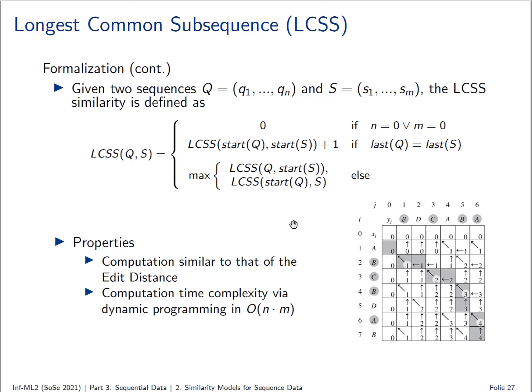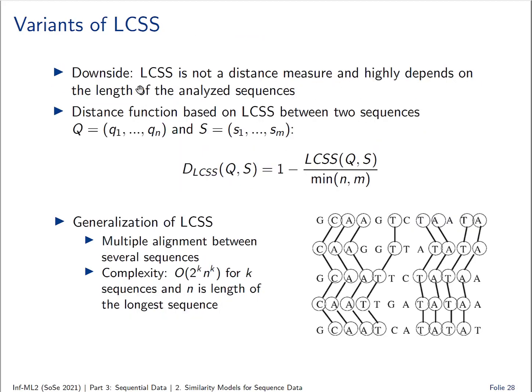We can do that basically in the same way as the edit distance. The downside of LCSS is that it is not a distance measure, and very often methods just use distance measures and not similarity measures.